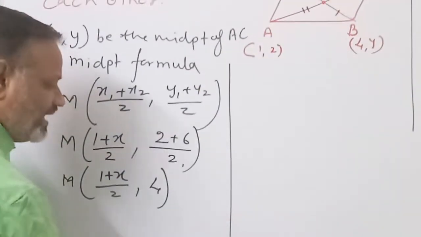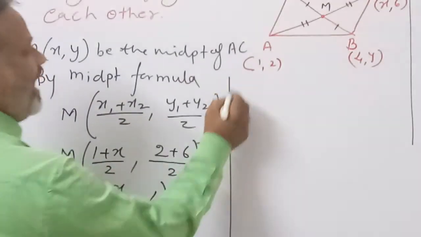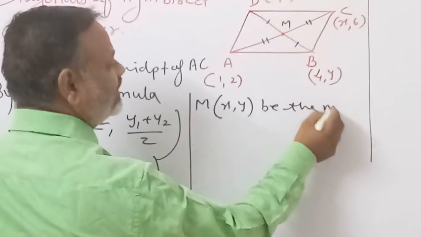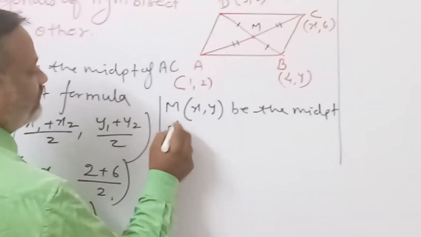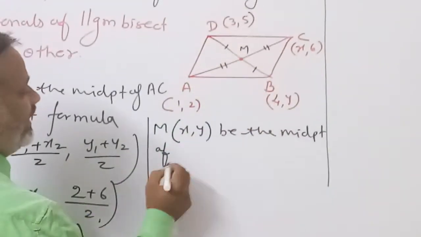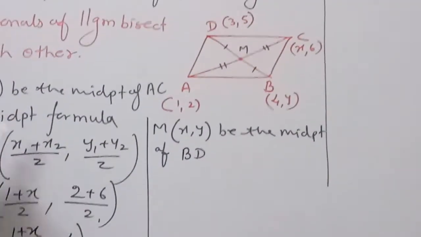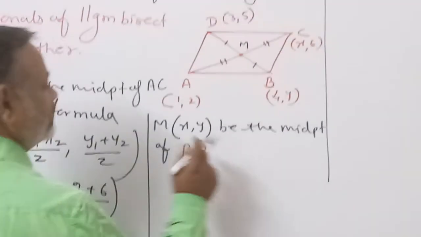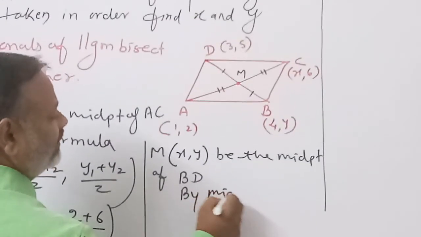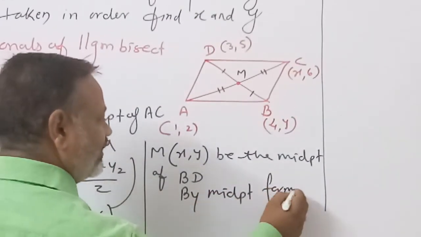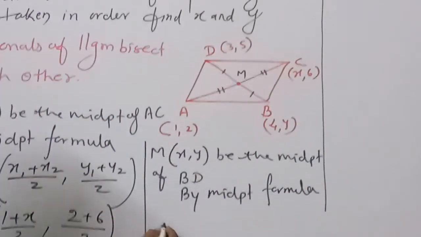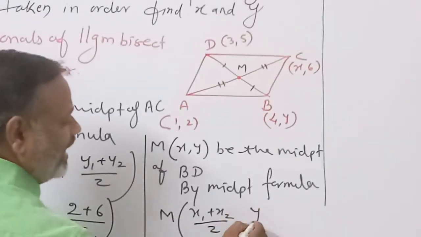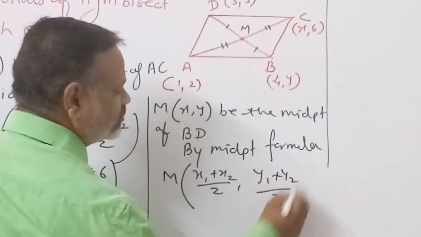Now we can consider again that M(x, y) is the midpoint of BD. Earlier we considered AC, now we are considering BD. So by the midpoint formula, the coordinates of M are given by (x1 plus x2) upon 2 and (y1 plus y2) upon 2.